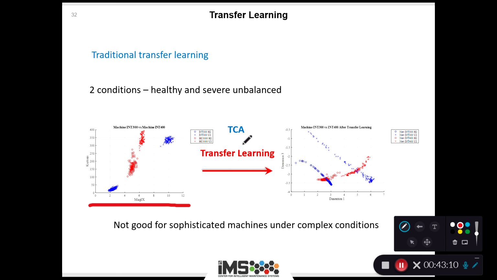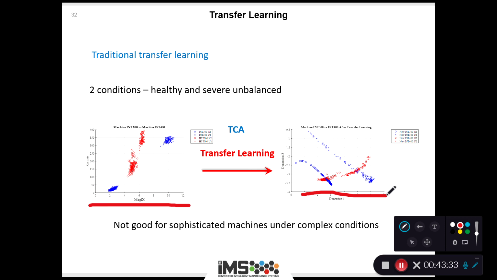So by using the basic transfer learning, we can make them align together to extract shared features. But even though TCA can be successful in some basic tasks, for more complicated machines in more complex conditions, it is not good enough.